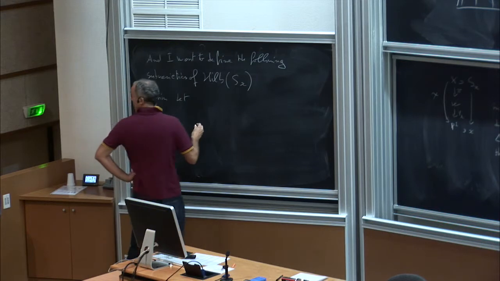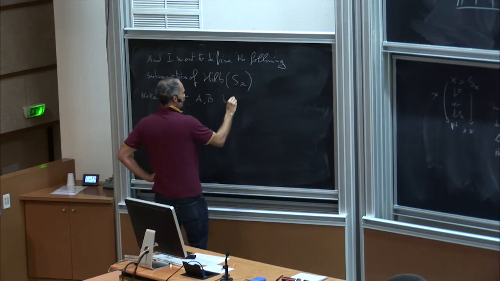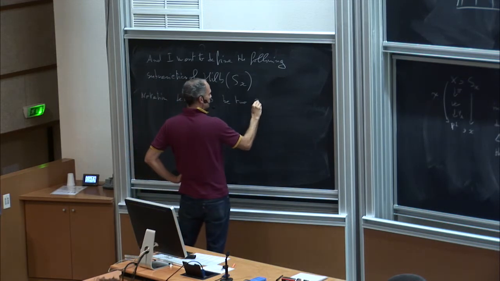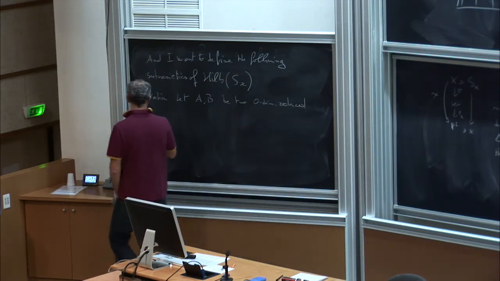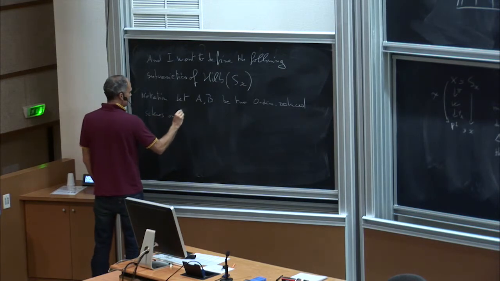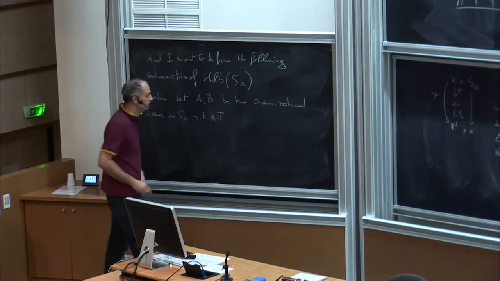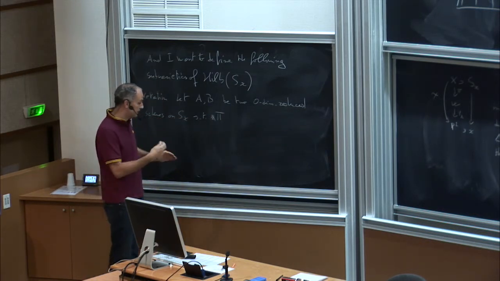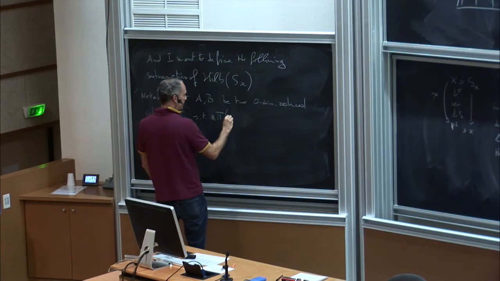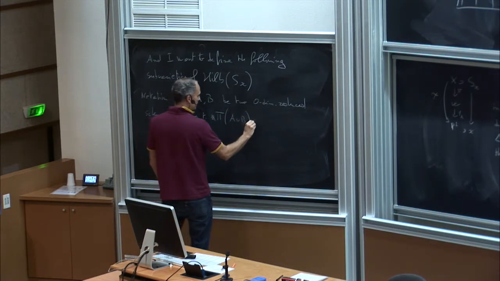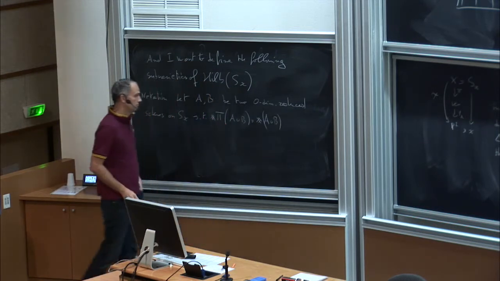Okay, so let A and B be two zero-dimensional reduced schemes on Sx such that, again, as before, I can't have 2 points on both on the same fiber, so I mean that the cardinality of the pushforward of A union B is equal to the cardinality of A union B. Okay?